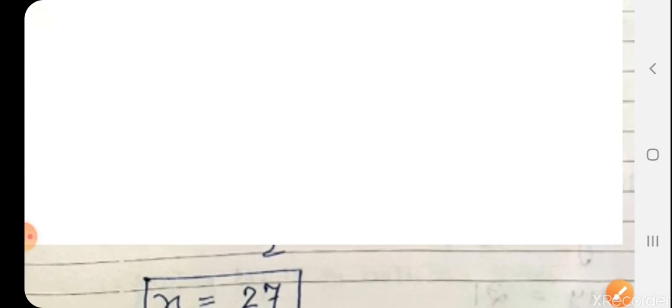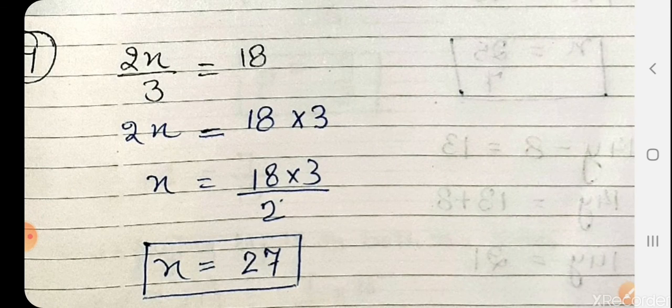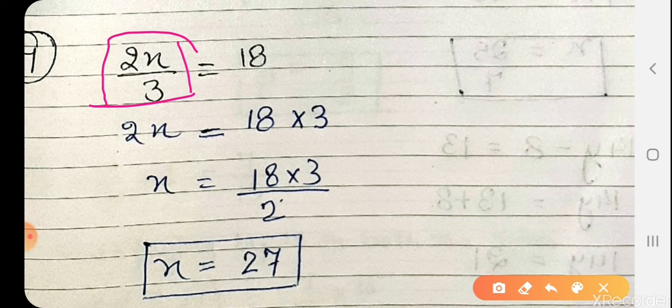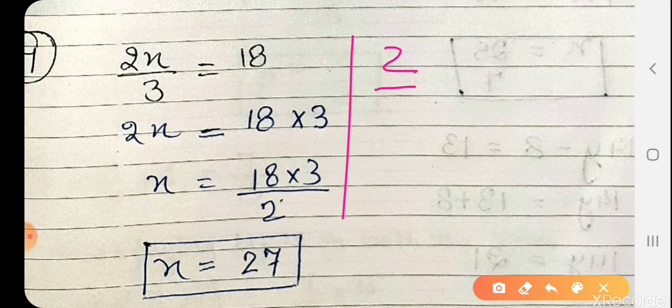Now next, 2x upon 3 is 18. Here division and multiplication are together. Basically what is going to happen is 2 upon 3 into x is 18. This is the type of question.